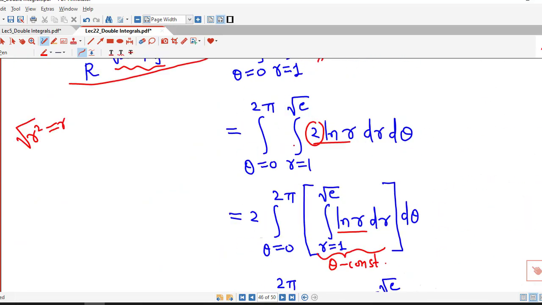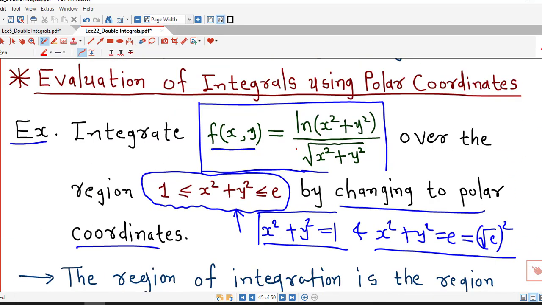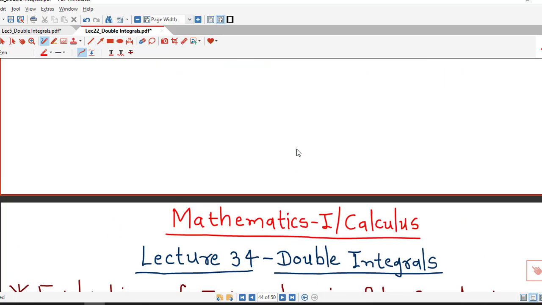So this is the reason why we are using polar coordinates for some type of problems. So far whatever problems we have discussed, we have used polar coordinates whenever we have this type of term in the given function or in the limits of given double integral.